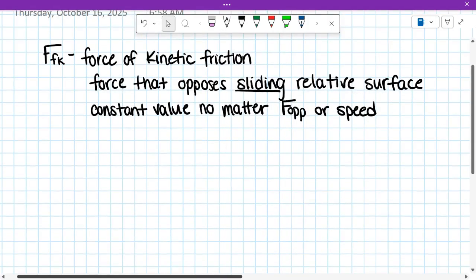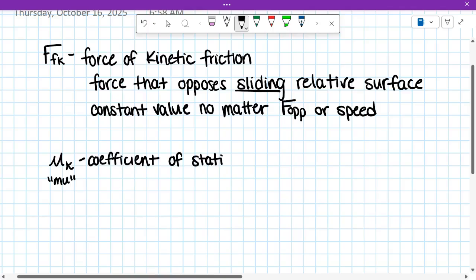So much like static friction, we're going to have a coefficient of kinetic friction. Again, this is the Greek letter mu. I think of it as an M and a U combined. Sometimes it looks like a really fancy U like that. This is the coefficient of kinetic friction.